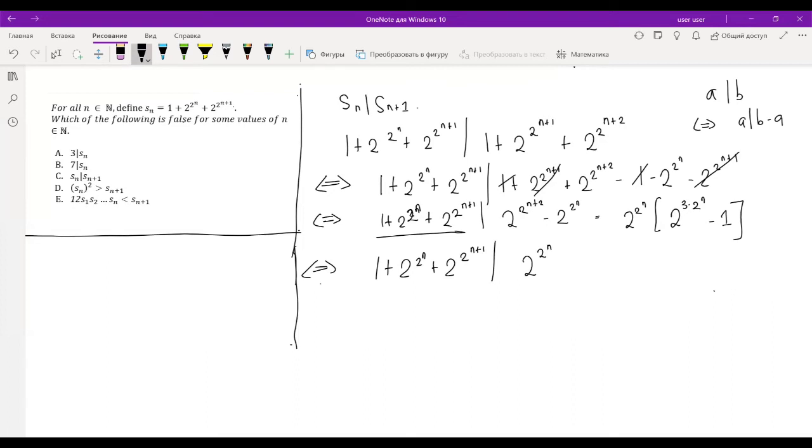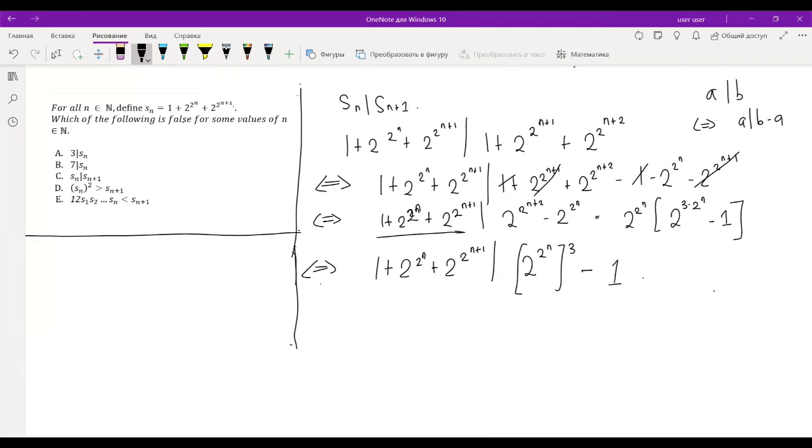We're just rearranging this. These are just laws of indices. So from here we have this.